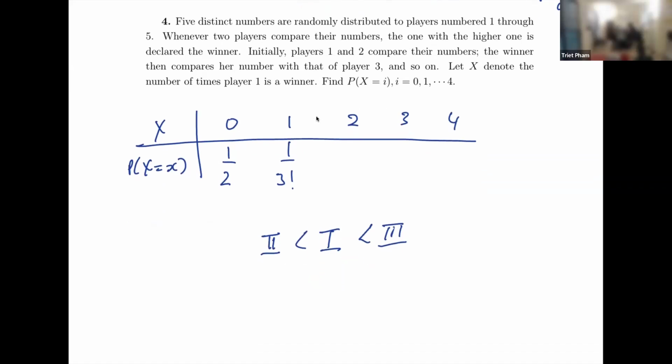Well, it must be the case that he wins over players 2 and 3, but loses to player 4. And what's the probability that this will happen?